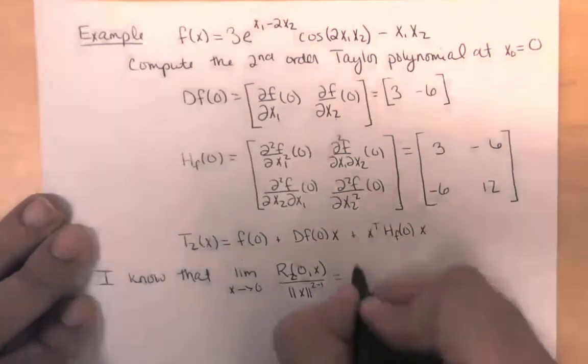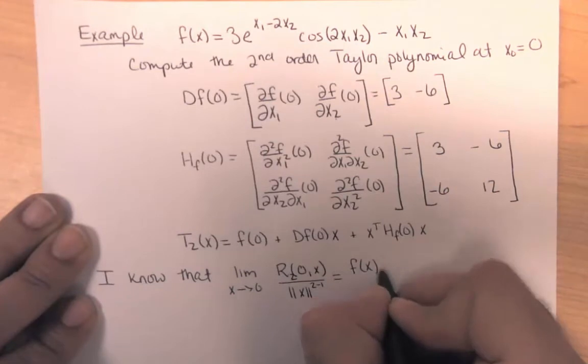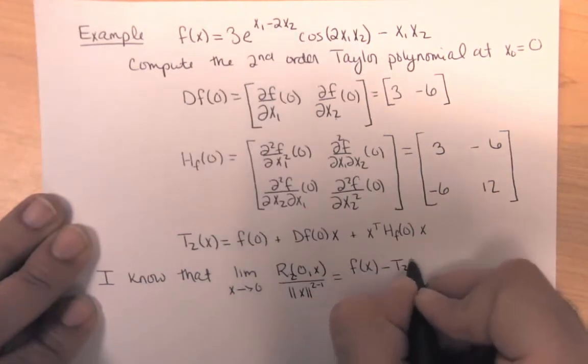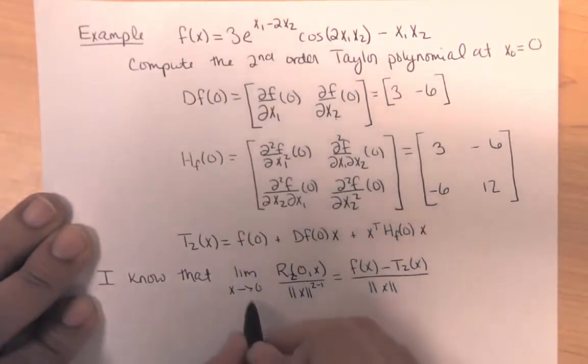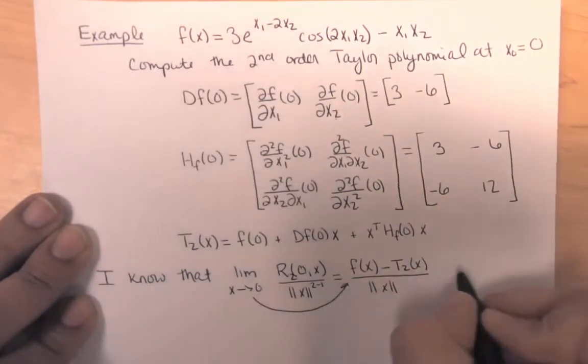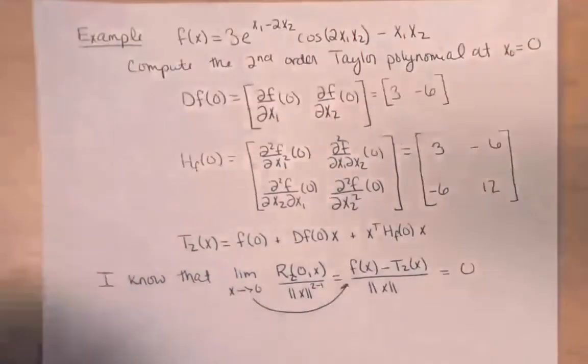Now, what is my remainder? Well, it's just f of x minus my Taylor polynomial, right? Carry that limit over, equals 0.